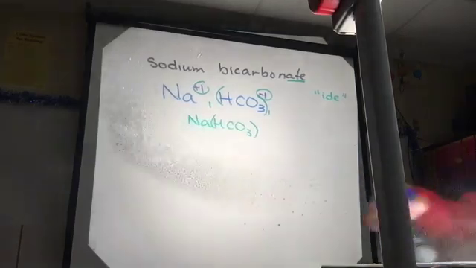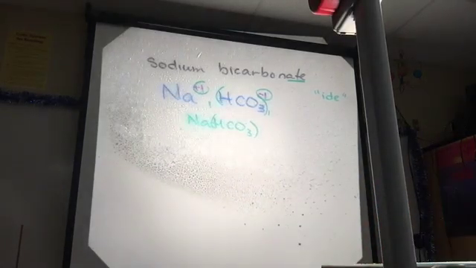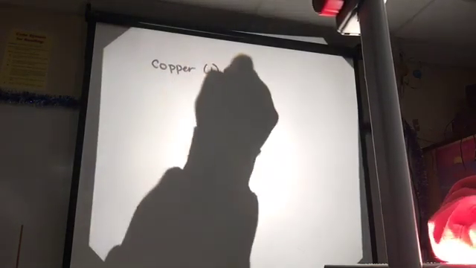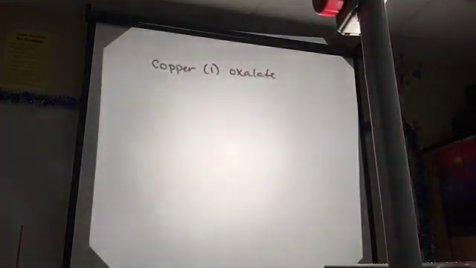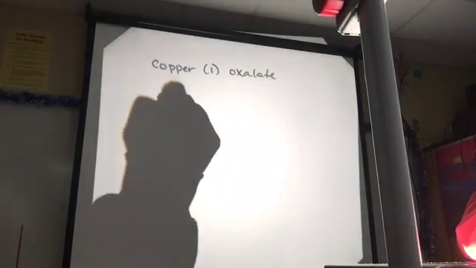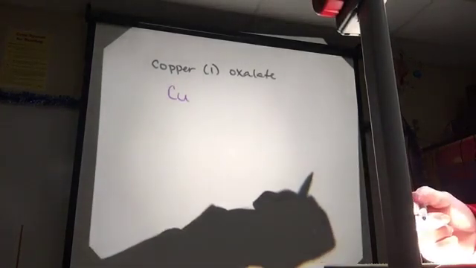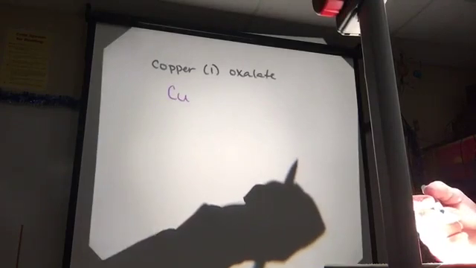Let me do another one here. So if we have copper 1 oxalate. Copper symbol. Cu, well done. And what is copper's charge? No, what's copper's charge? 1, right here.